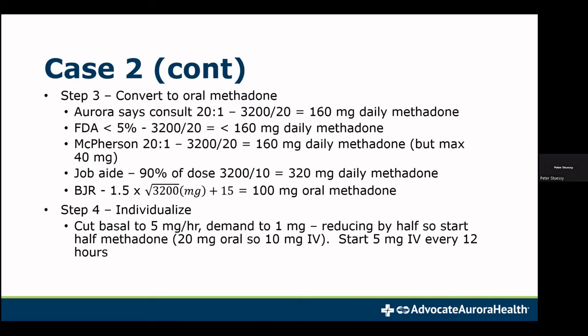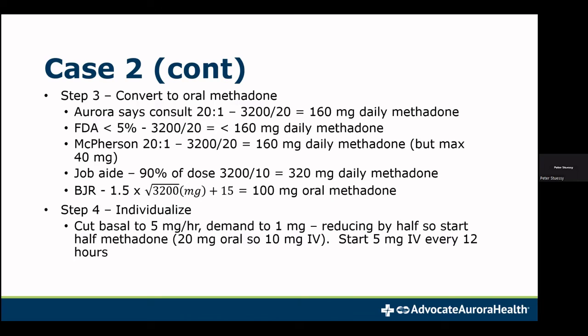McPherson would use the 20-to-1, but then they cap it at a max of 40. And this is what I'm going to recommend as well. This is what I use in my practice. Cap it at 30 or 40 milligrams tops, even in these really high use patients.